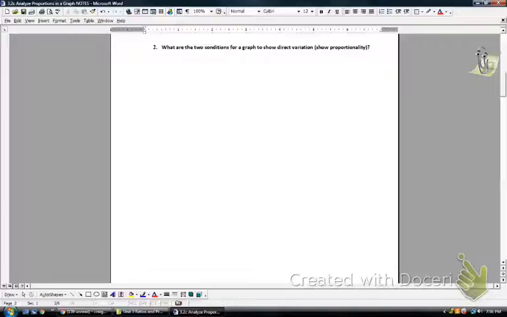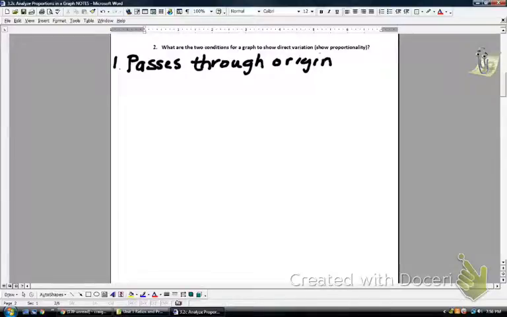So two conditions for a graph to show direct variation or to show proportionality. The first condition is it passes through the origin. And that is 0, 0, so x is 0, y is 0, so it's where the axes meet.